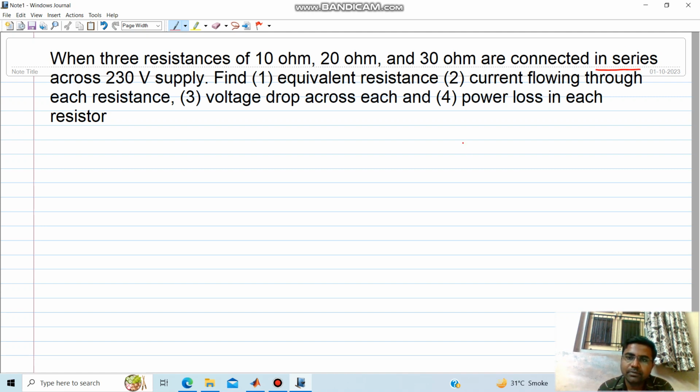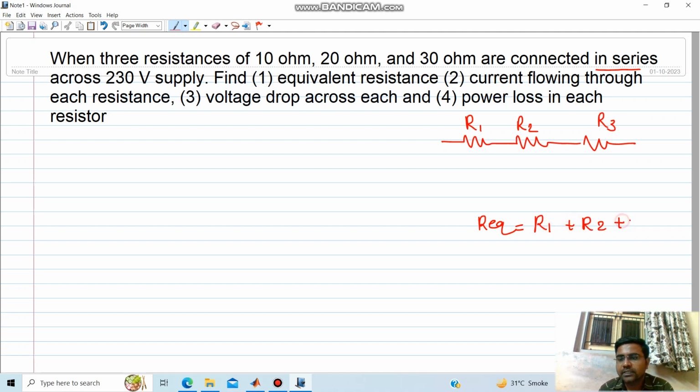You know that if two or more resistors are connected in series, let's say this is R1, R2 and R3, the equivalent resistance of series connected resistors is the sum of the three resistances, R1 plus R2 plus R3. So first you have to find the equivalent resistance. In order to answer the first question, you simply sum all the resistances.